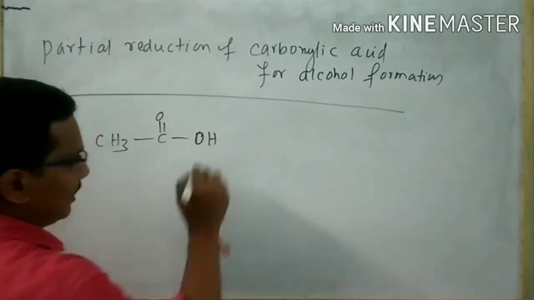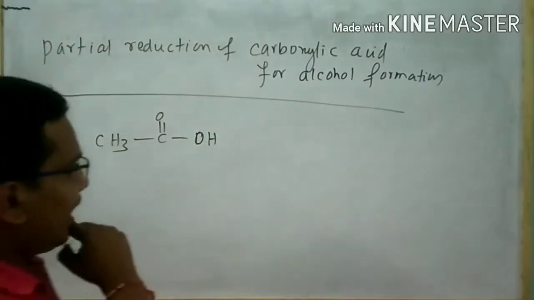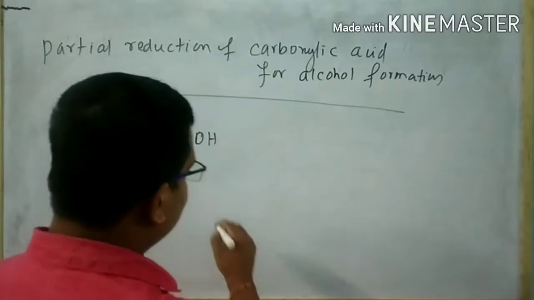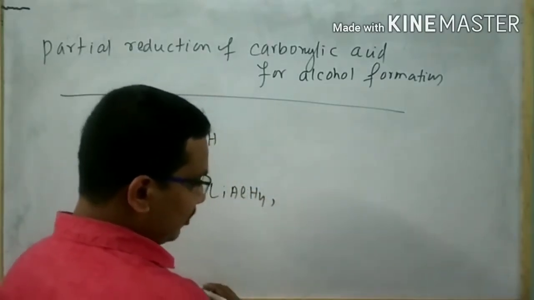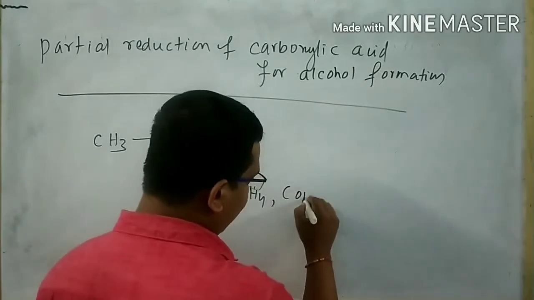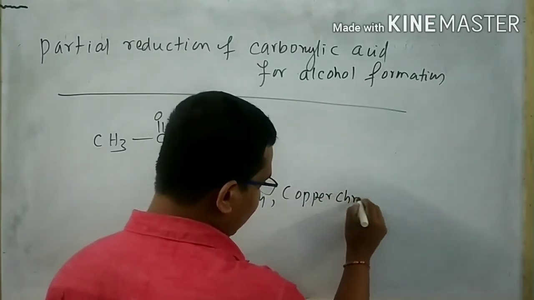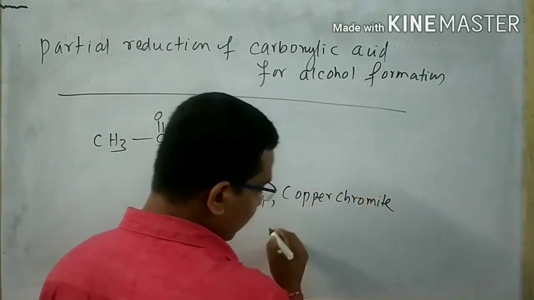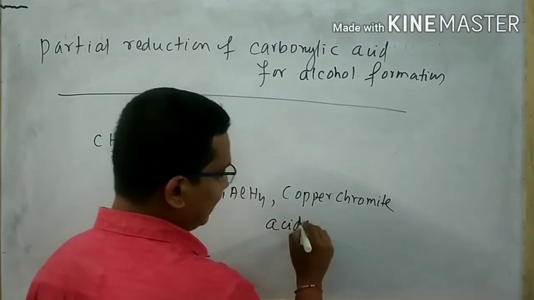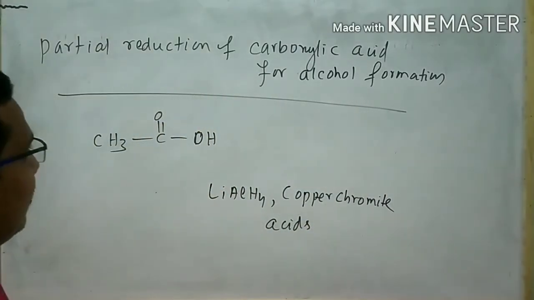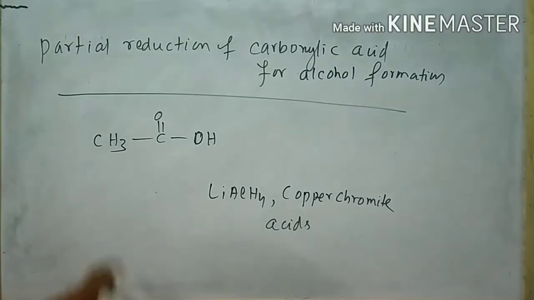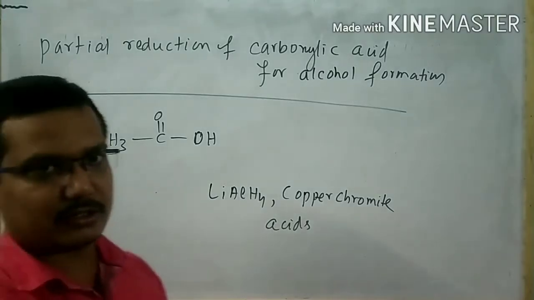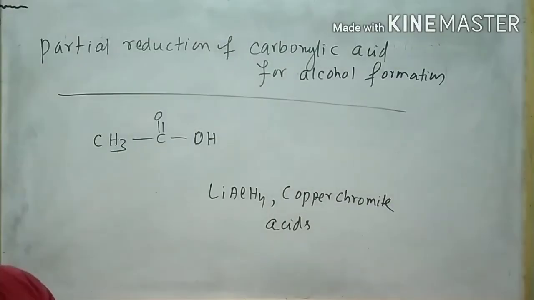This is your acetic acid. We take a reducing agent like lithium aluminum hydride. Next is copper chromite. Next are acids. Some acids we can also take for the reduction of acetic acid, and acetic acid undergoes partial reduction and alcohol is formed.